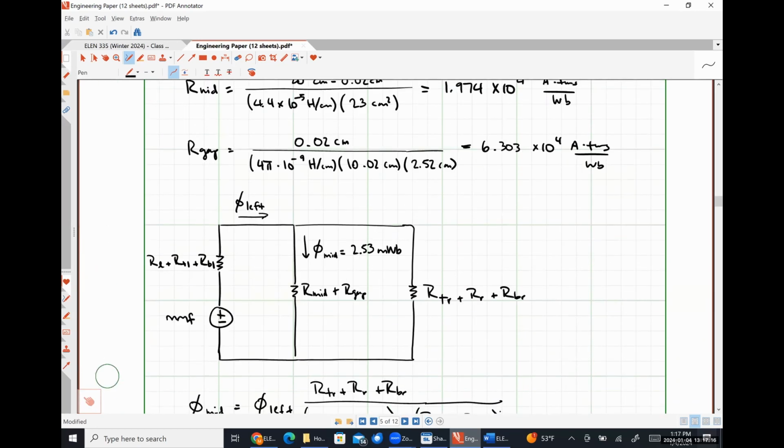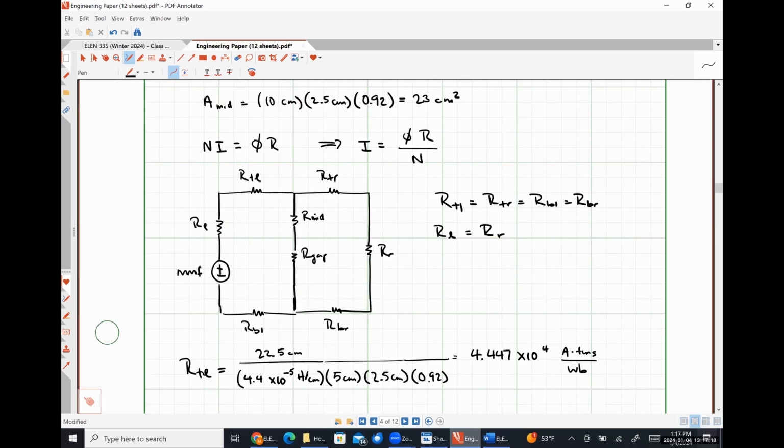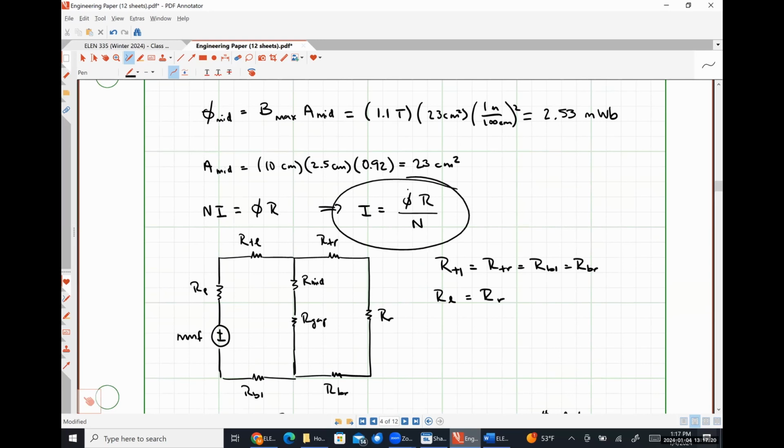And now going way back up here to this relationship. I know the flux of the left leg. I know the reluctance seen by the MMF. I know the number of turns.